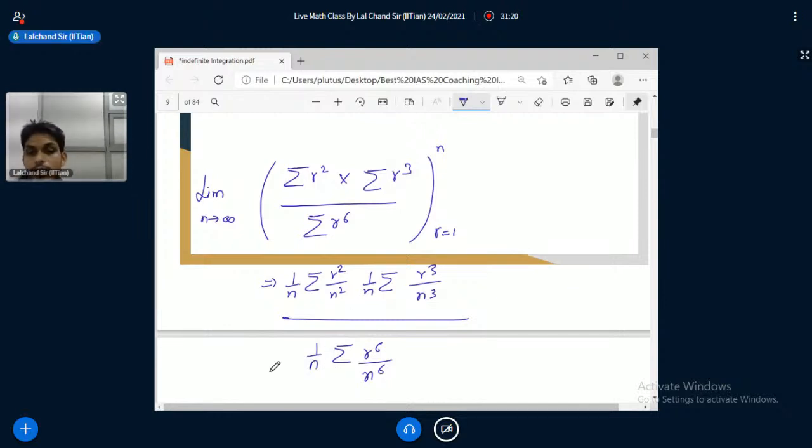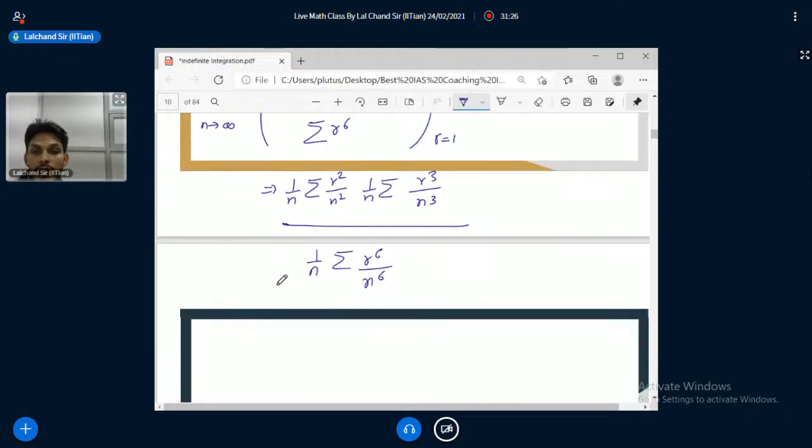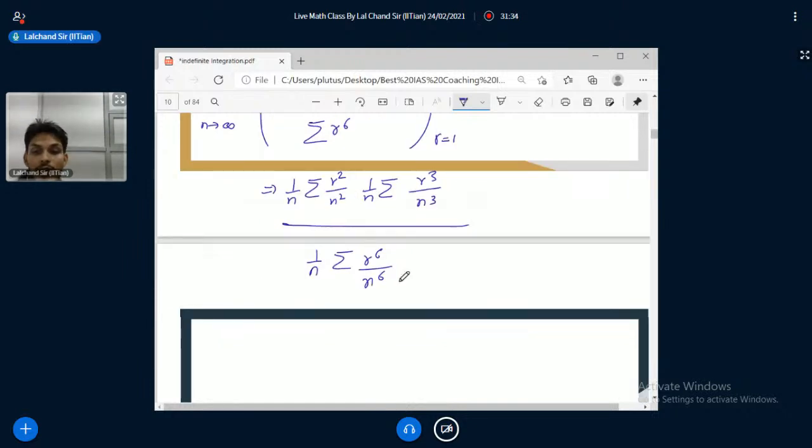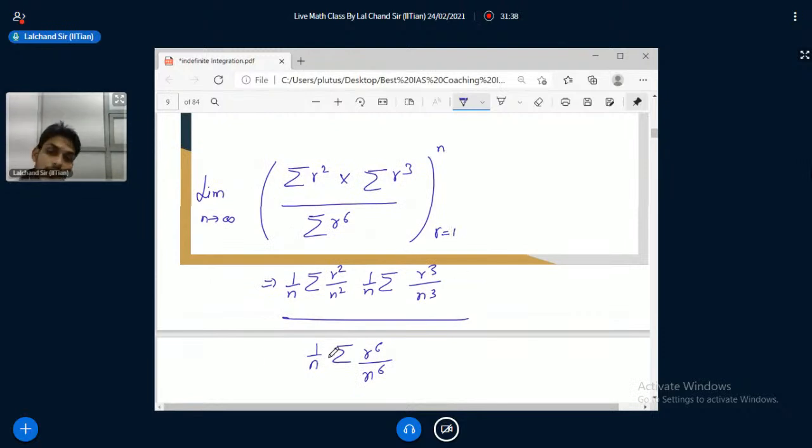Now if we look at the overall power, what is the power of n in the numerator and in the denominator? Here 3 plus 2, 5, 6 and 7 in the numerator, and in the denominator we finally have 6 plus 1, 7. So the overall power of n is balanced now.